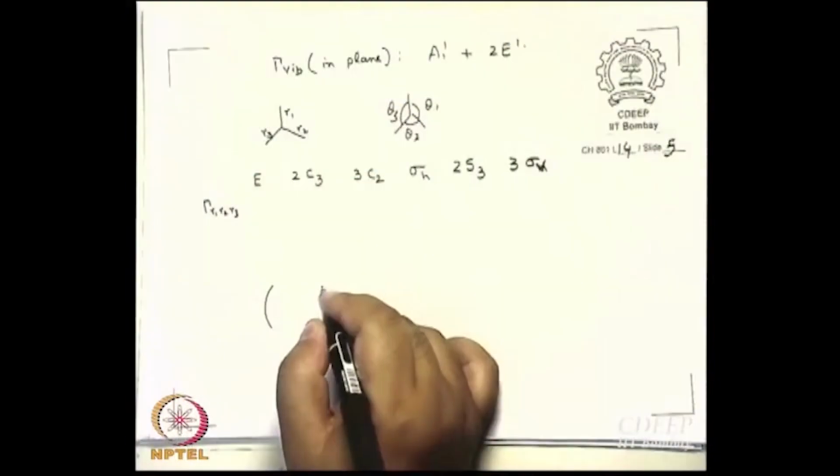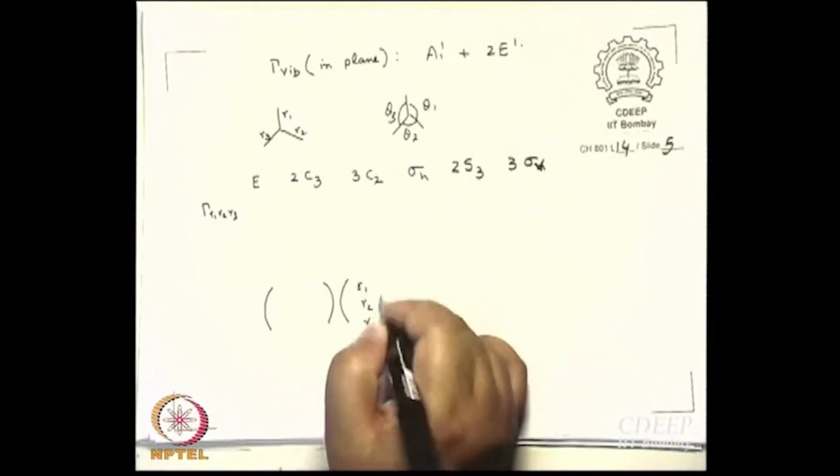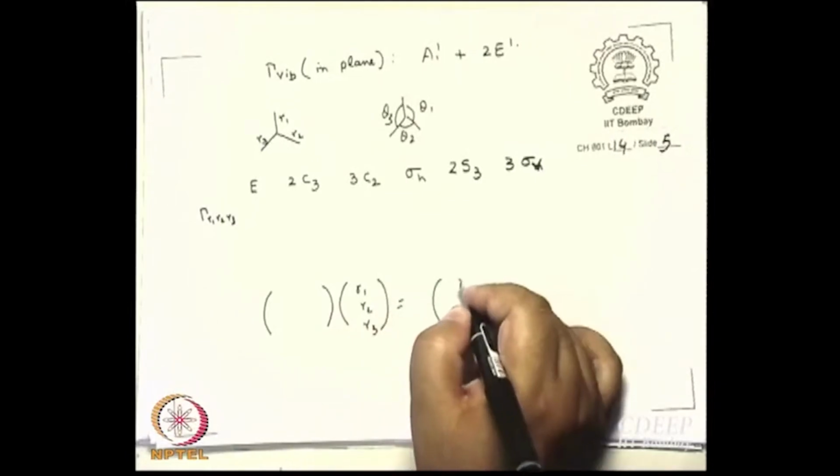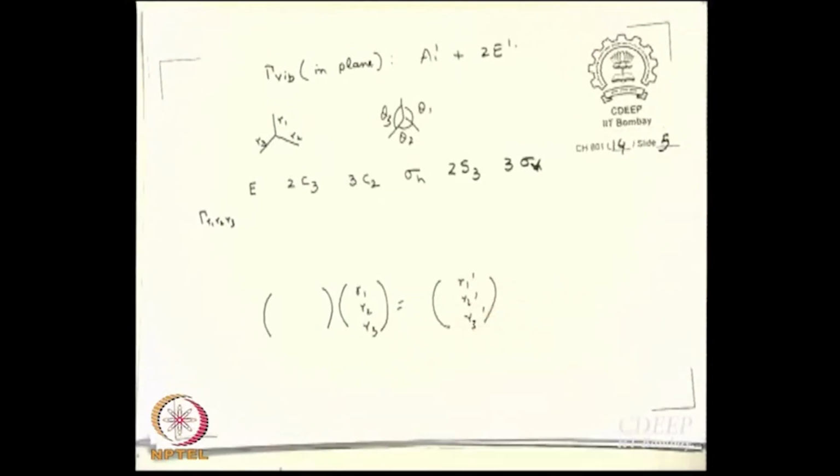So, R1, R2, R3, these are 3 separate bond lengths and they form a 3-dimensional basis, understood. So, I want to write matrices like this, R1, R2, R3 gives me R1 dashed, R2 dashed, R3 dashed.